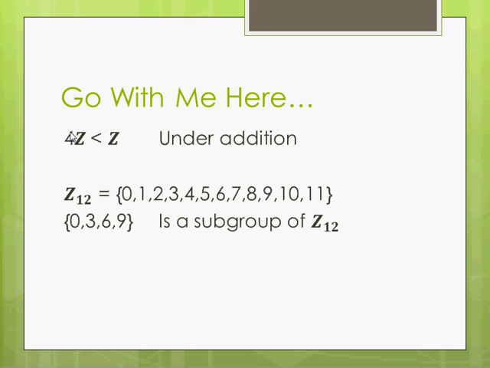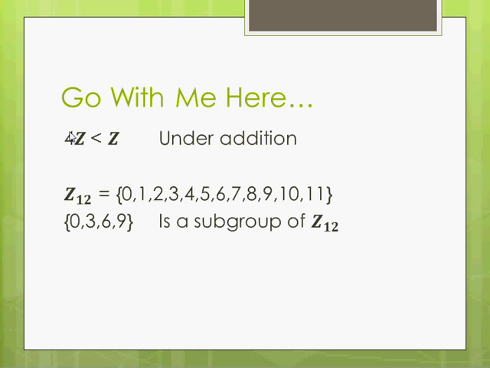So 0, 3, 6, and 9 is a subgroup of Z12. If you add any two of these numbers together, you get another number in the group, and they all have additive inverses: 6 is its own inverse, 3 and 9 are inverses, and so forth. 0 is the additive identity, and so it's a subgroup.